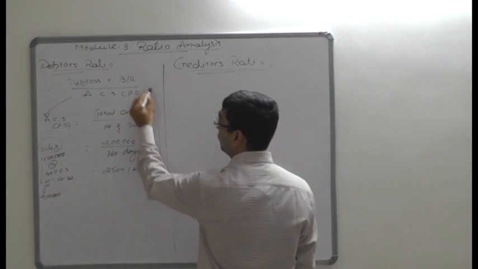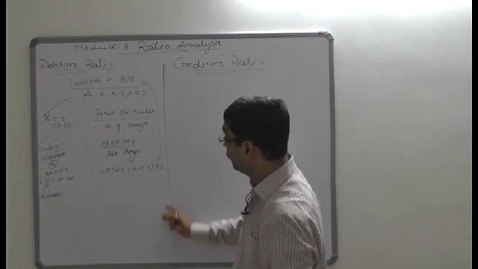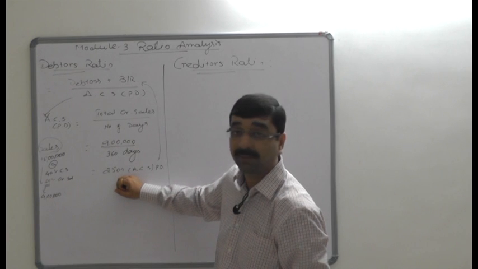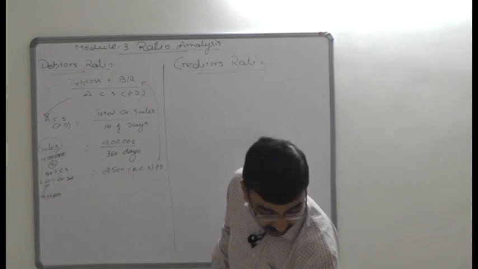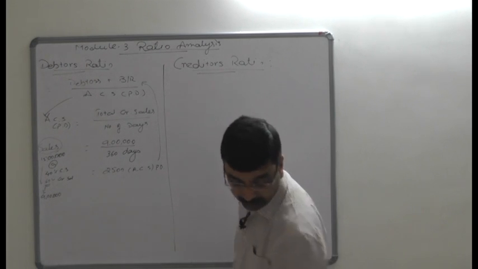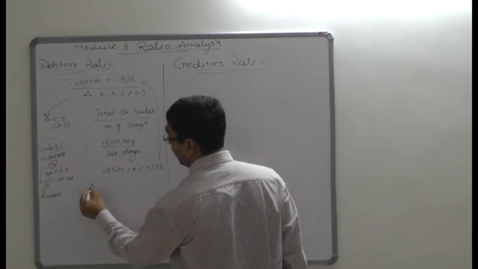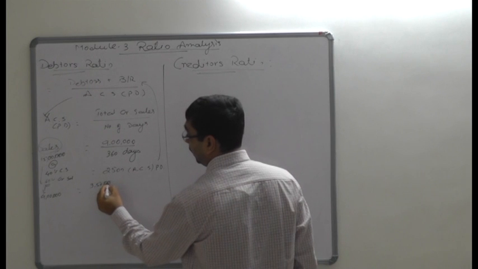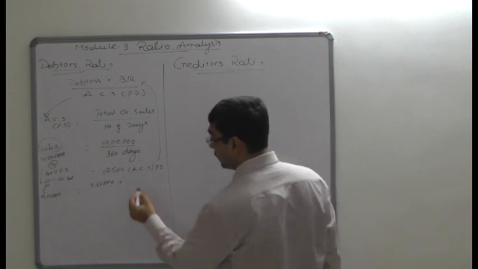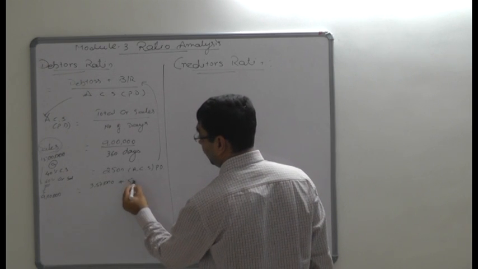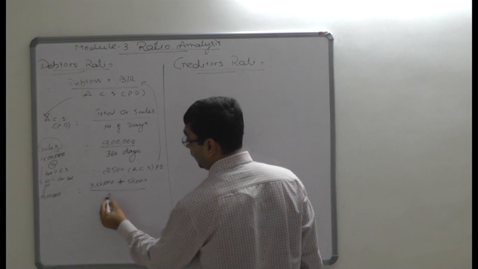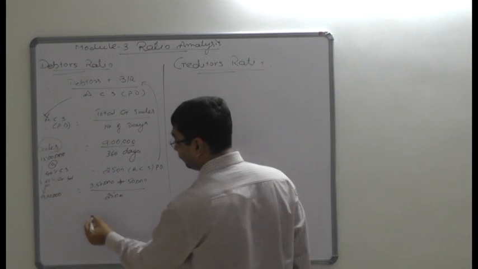Now this item is considered in the main formula. So one variable we got, that is average credit sales. Now see the other information we have: the debtors and bills receivable values, which you can take from the balance sheet. As per the observations, the debtors value is given as 3,50,000 and 50,000 rupees is bills receivable, divided by 2,500.